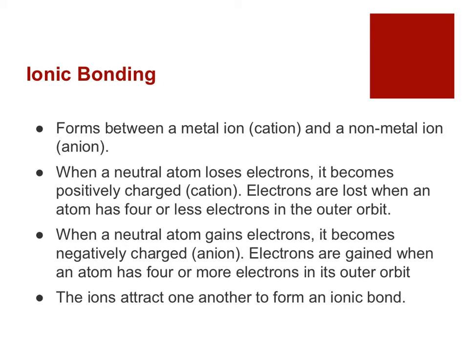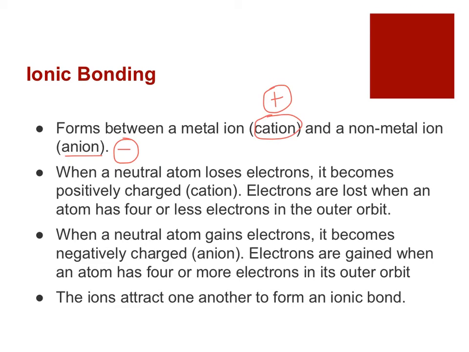So looking at ionic bonding further, ionic bonds form between a metal ion, which is always the cation, it takes on a positive charge, and a nonmetal ion, or the anion, which always has a negative charge. When a neutral atom loses electrons, it becomes positively charged, or the cation.